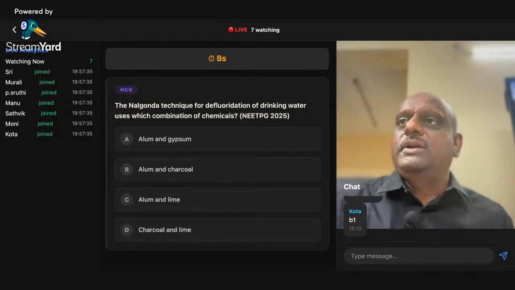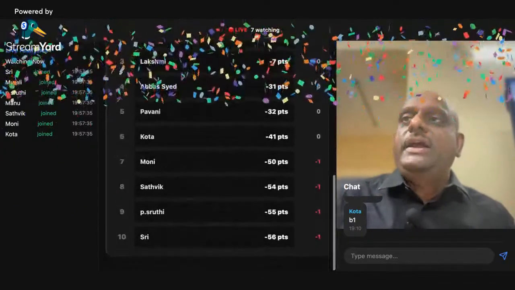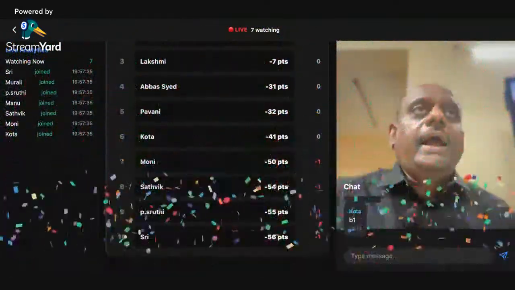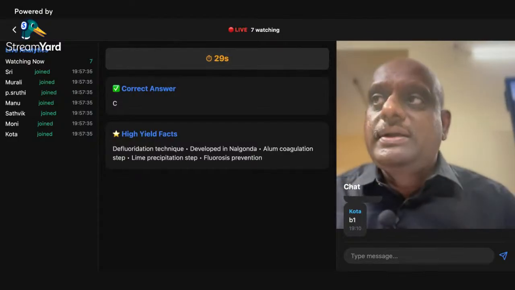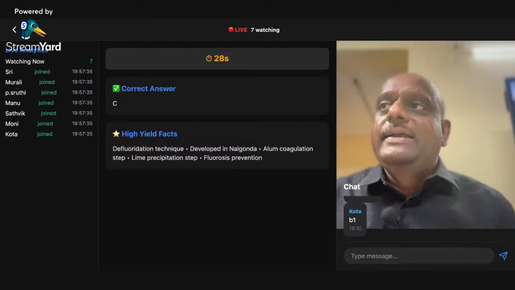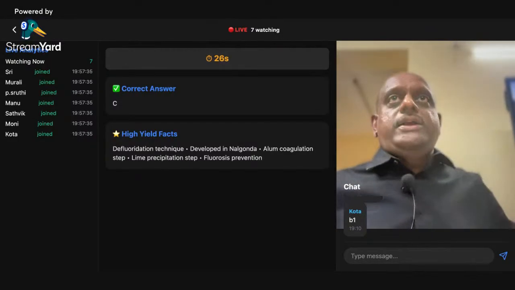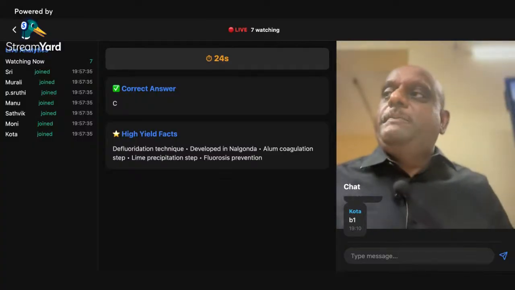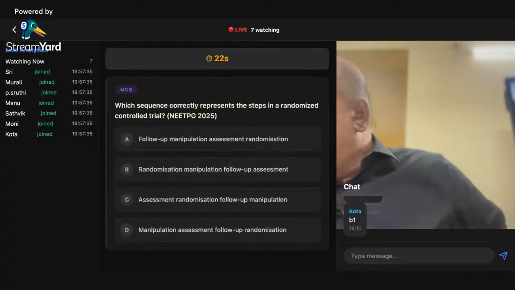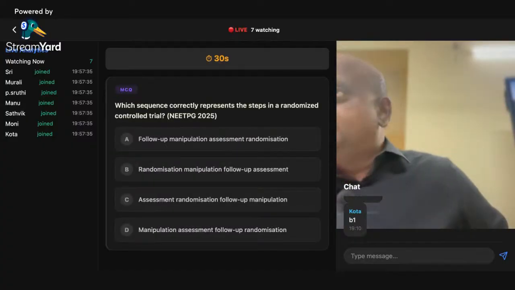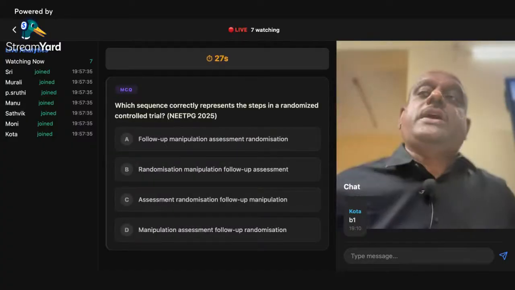You need to remember, it is alum and lime that are used in the Nalgonda technique. Alum for the coagulation step and lime for the precipitation step is what we need to remember. Now, what sequence represents a randomized control trial?